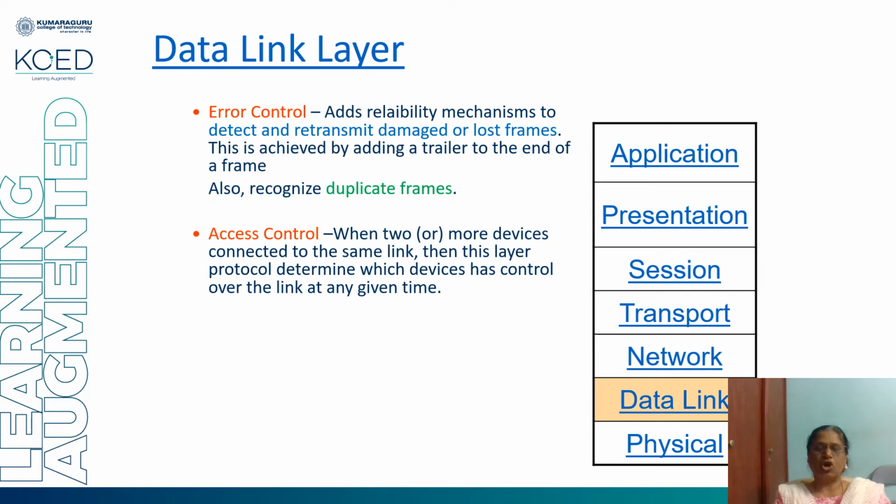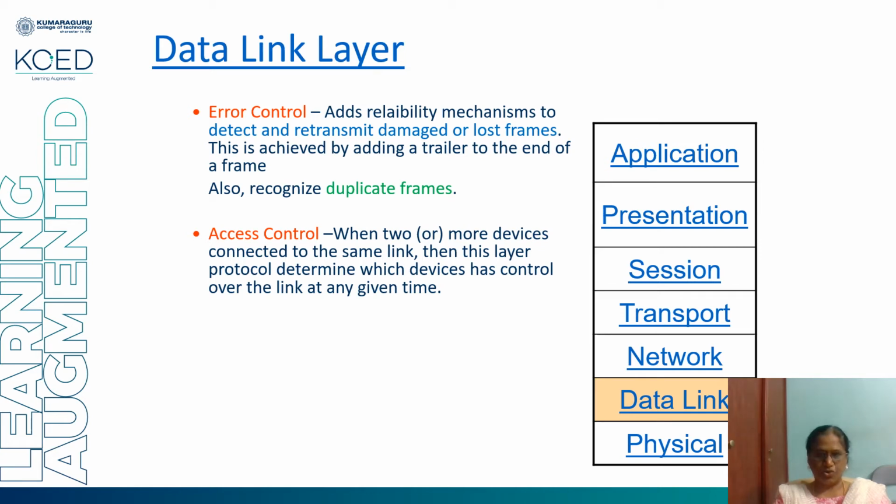Meanwhile, the sender has already sent the data to the recipient again. Now, this frame is the duplicate frame. How is it identified? Every frame has a sequence number and the receiver waits for a frame with a particular sequence number. If that sequence number doesn't match, then that particular frame is discarded.